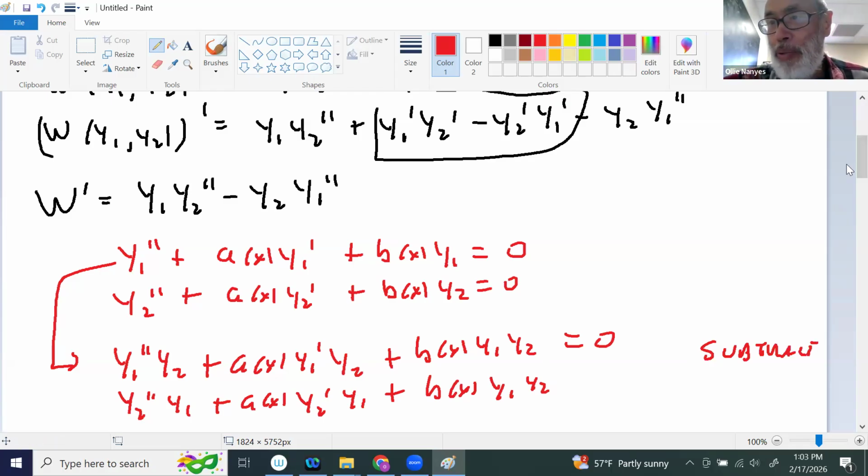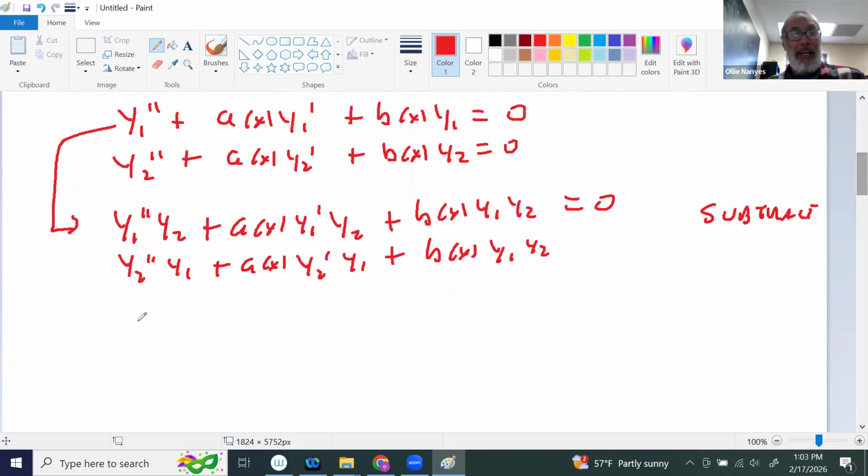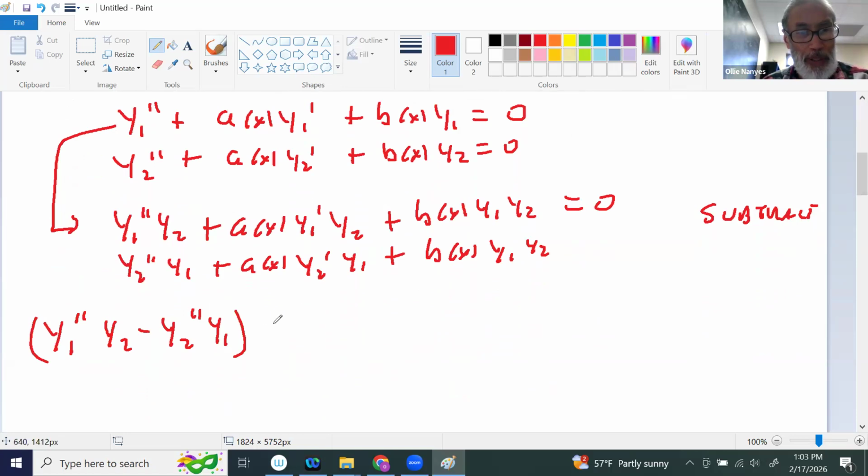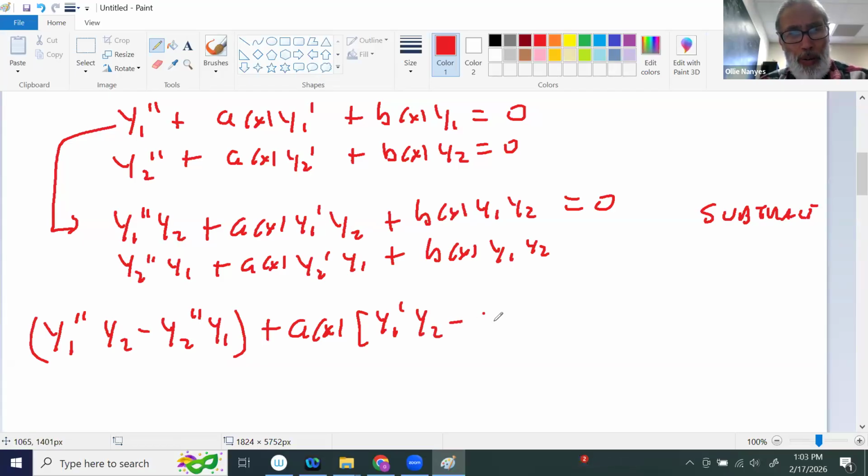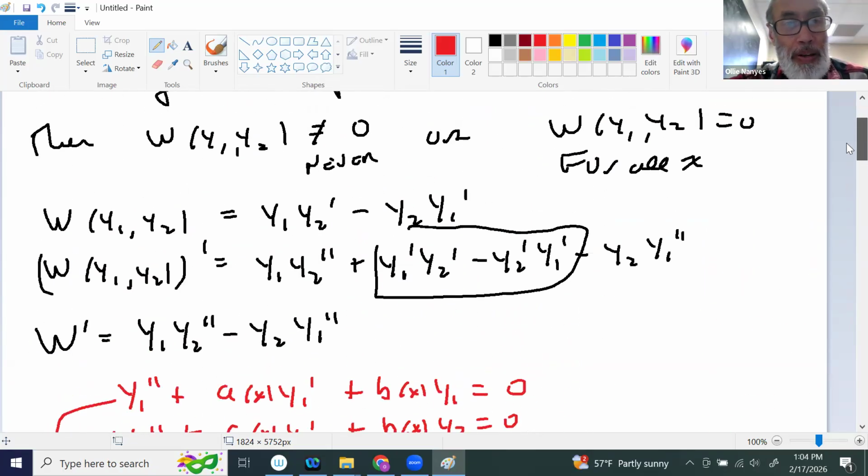And if you subtract, the b of x is gone. And what you end up with, if you subtract this, you have y1 double prime, y2 minus y2 double prime, y1. Let's gather these terms. Plus a of x, then we have y1 prime, y2 minus y2 prime, y1. Now, let's take a look here.